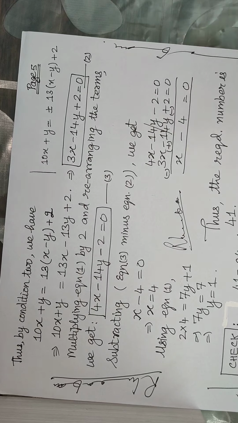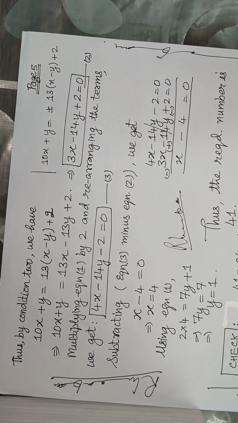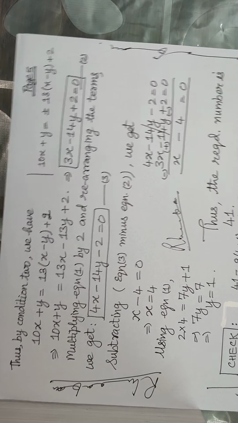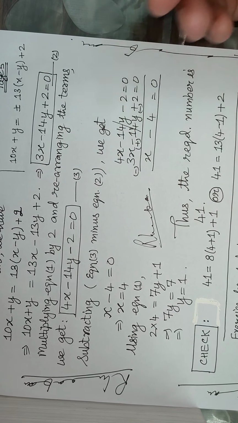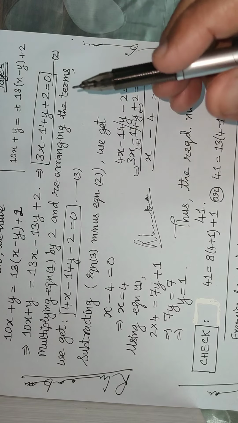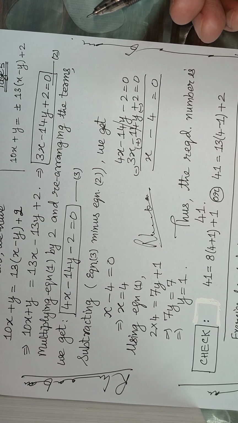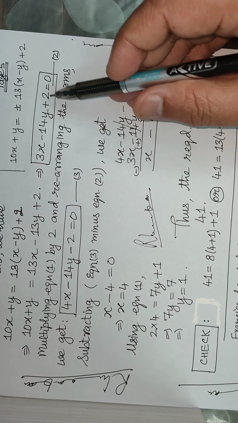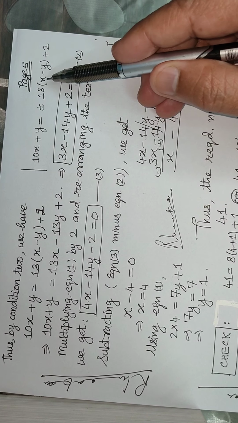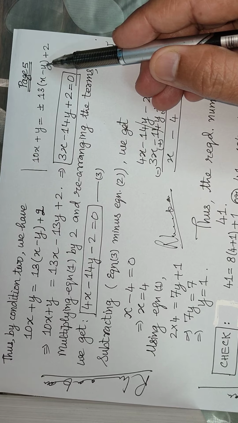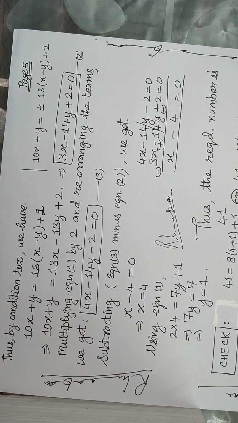So you have to solve two pairs of equations. One of the solutions will give you a valid answer, and the other pair of equations, when solved, will give you an invalid answer. So that is the price you pay for not being able to identify whether x is greater or y is greater. Your solution becomes very tedious.